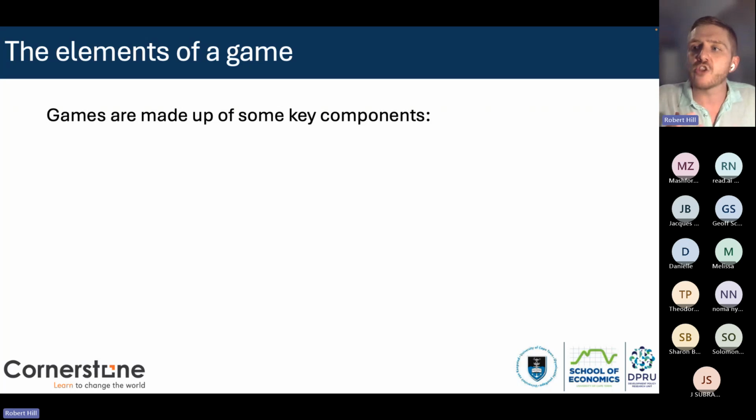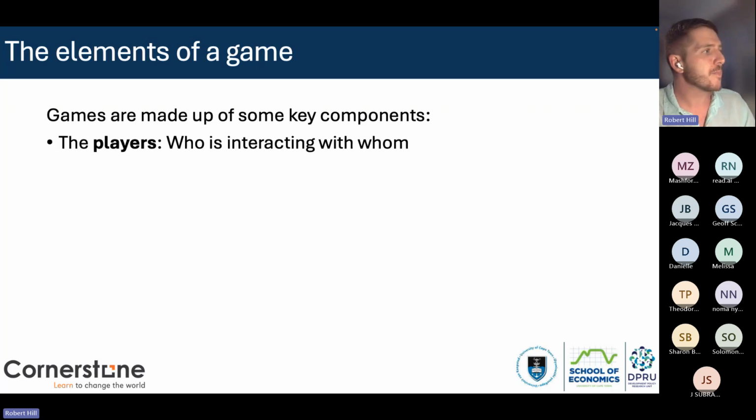But in order to actually utilize game theory meaningfully, we need to have a certain number of components. We need to understand certain aspects of the interaction to be able to meaningfully put it into a model. For example, some of the things that we need to build up a game are the players. So we need to know who is involved. Who are the people that are actually getting involved in this interaction?